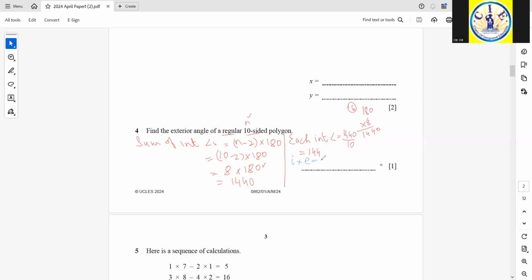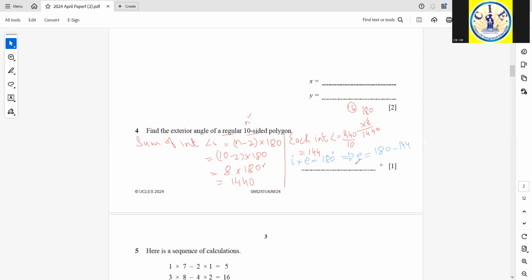And since we know that any interior angle and exterior angle at a single point, their sum is equal to 180 degrees, because these form a straight line. So interior plus exterior angle is equal to 180 degrees. That can be written as E equals 180 minus I, and the value of I is 144. So I'm going to replace that.